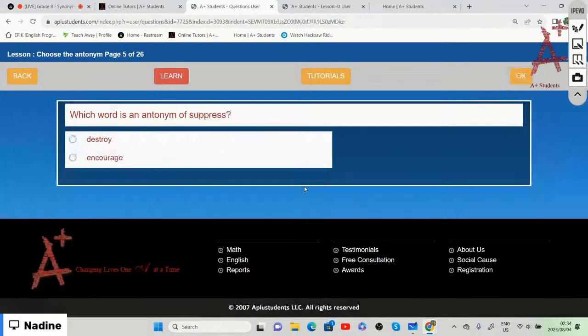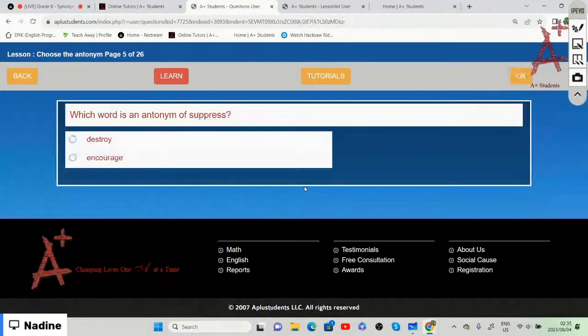Suppress, the antonym of suppress. Is it to destroy or is it to encourage? Destroy or encourage.